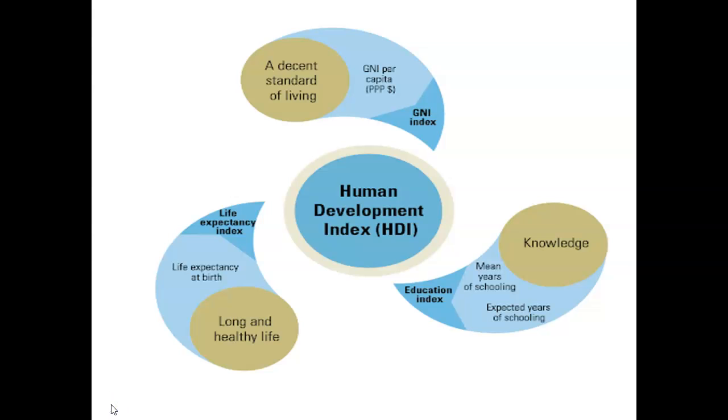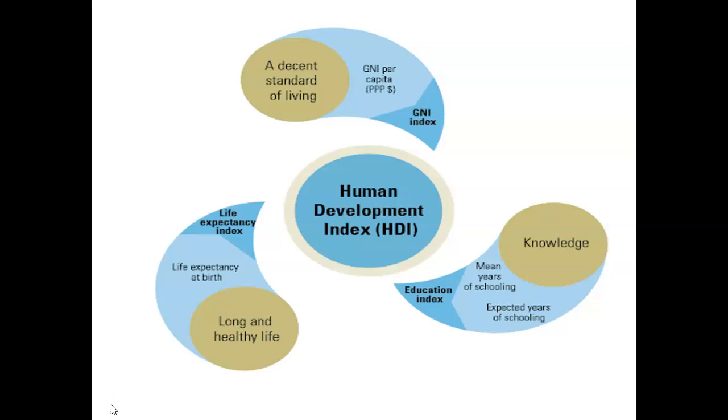The third category, which is knowledge, is reflected in education. It is accounted for in two ways. The first, by the average number of years of schooling the average citizen will have in their lifetime, and the literacy rate. A literacy rate is the ability for someone to be able to read and write.